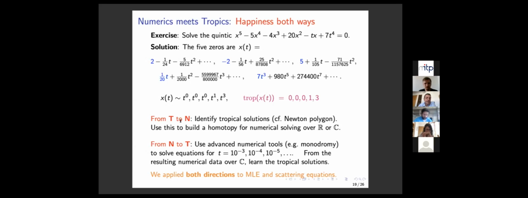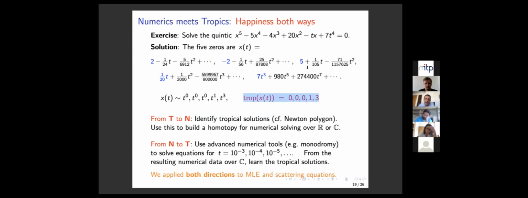So first, from t to n, what you can do in a case like this, you can try to first find the tropical solution. In this example, that's very easy. A technique known to number theorists and many others: you draw the Newton polygon, you read off the slopes, and then by a combinatorial analysis, you first find the tropical solution.